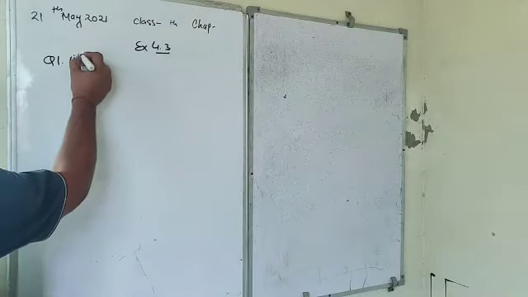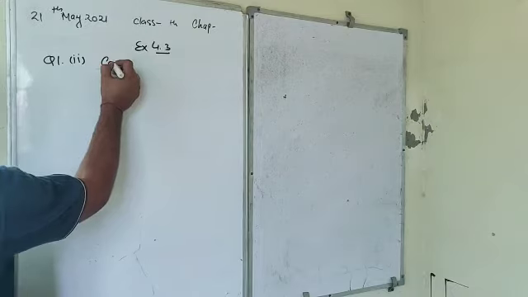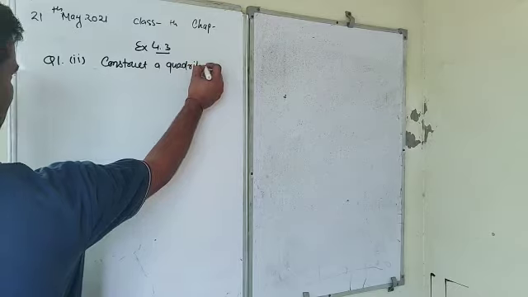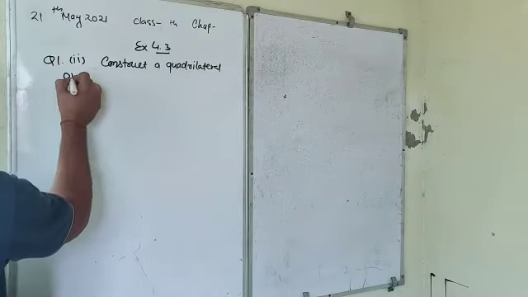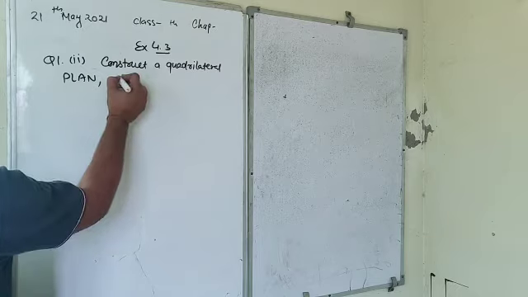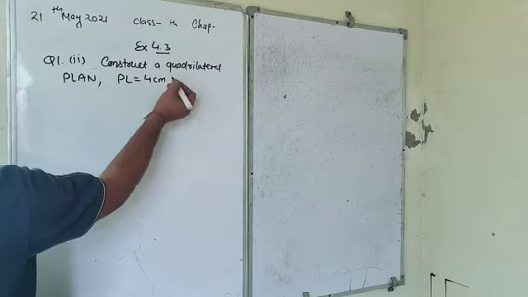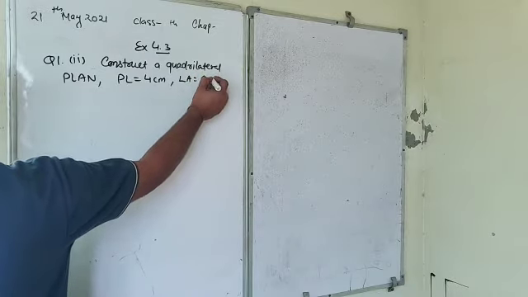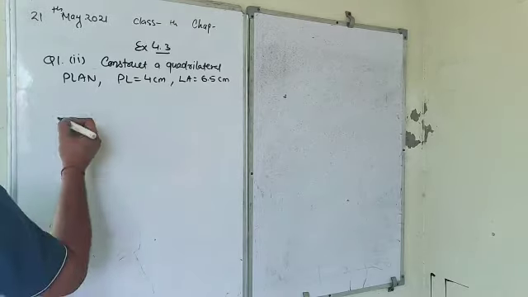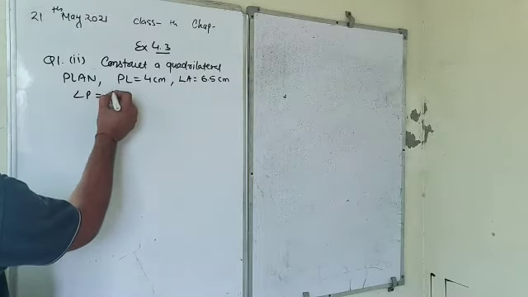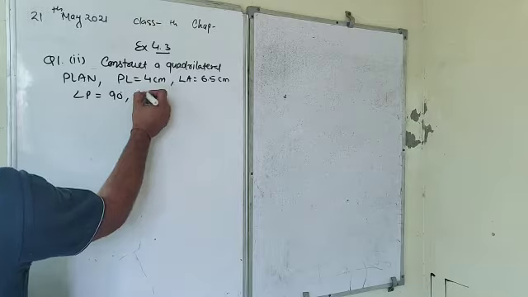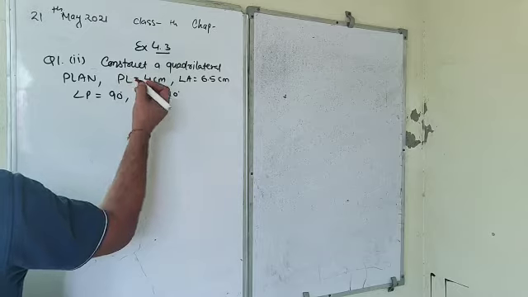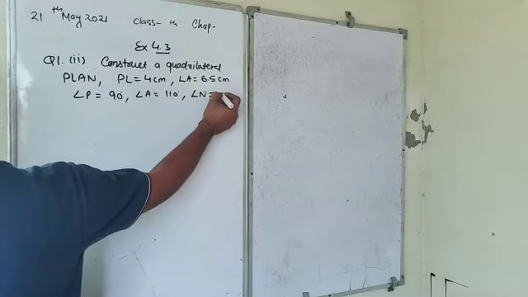Now in the second part, construct a quadrilateral PLAN in which PL is equal to 4 cm, LA is equal to 6.5 cm, angle P is equal to 90 degree, angle A is equal to 110, and angle N is equal to 85.